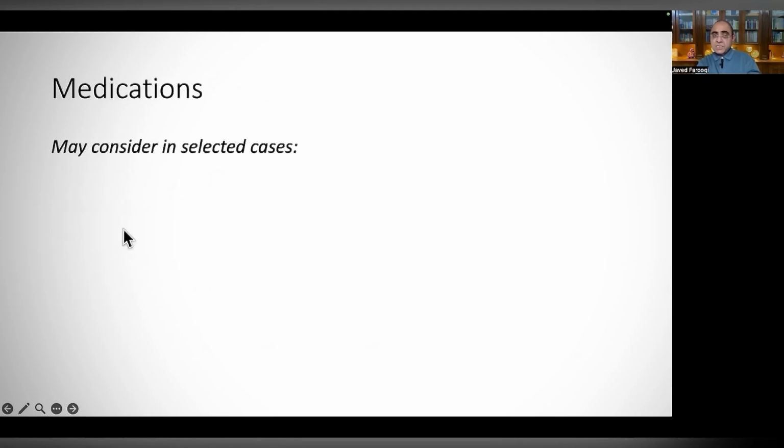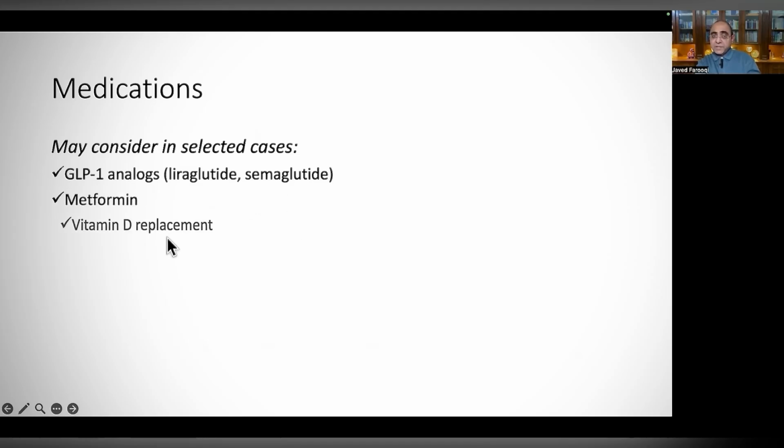Drugs may be considered in selected cases, and these are GLP-1 analogs, liraglutide, semaglutide, metformin, vitamin D replacement, and testosterone if there is hypogonadism.